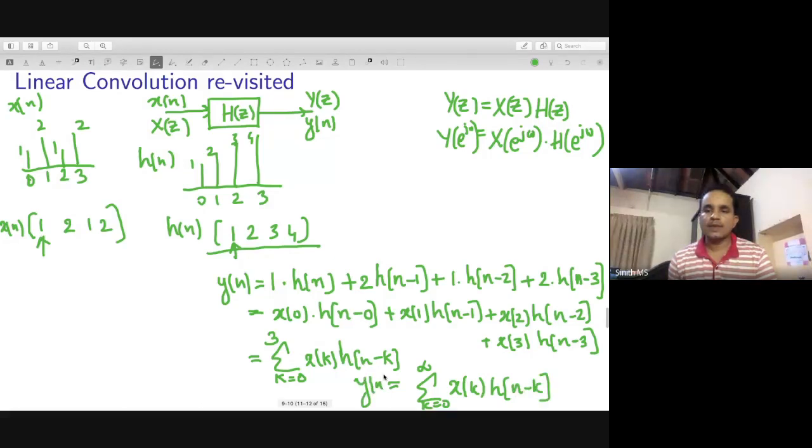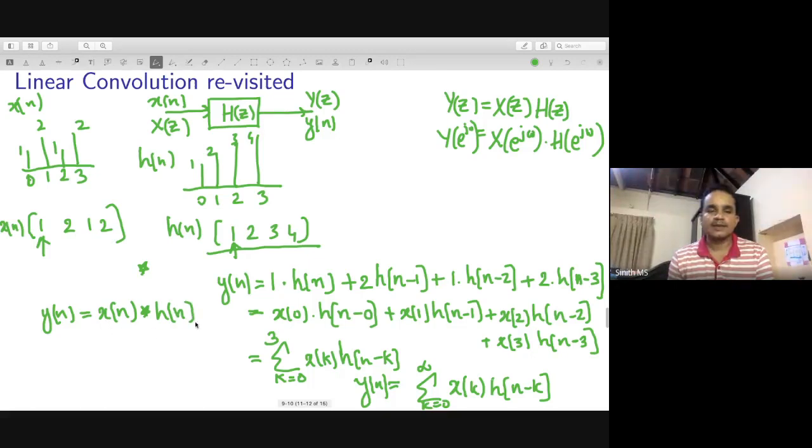So this is how you find y[n]. And here you are going through an operation between x[n] and h[n]. You call this operation convolution, and it is represented as a star. So y[n] is represented as x[n] convolved with h[n].